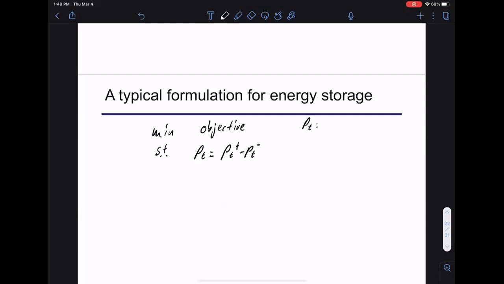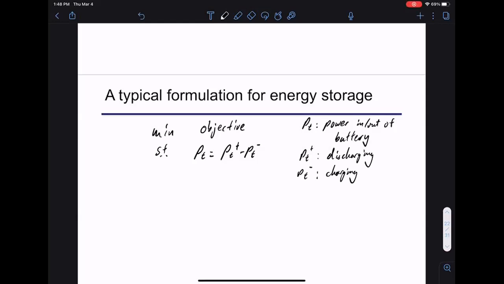So this P_t is the power in or out of the battery. Okay. So what does P_t plus mean? This is discharging, and this is charging.